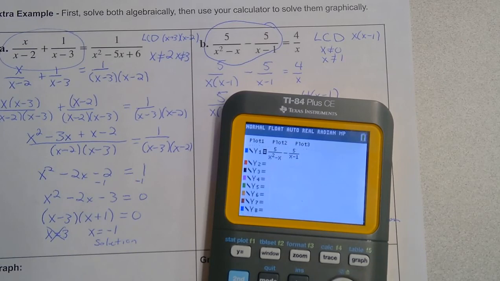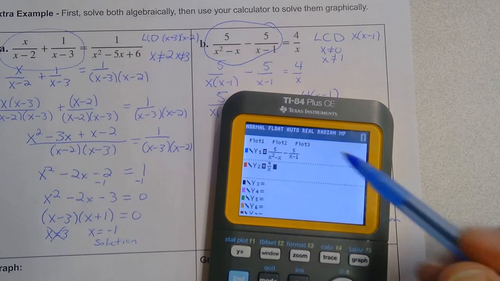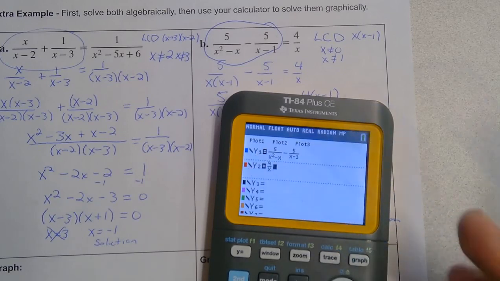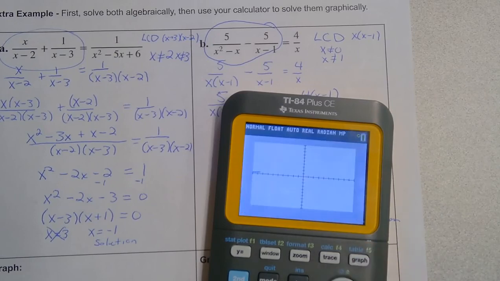And on the second one, we just have alpha x 4 over x. And the first equation is going to be in blue. The second one is going to be in red. So as I graph those, I see that those equations never intersect.